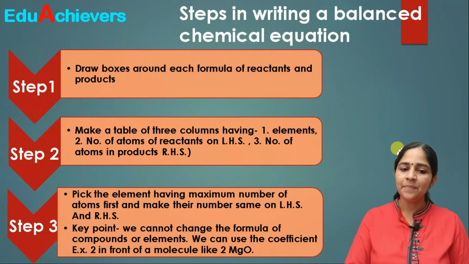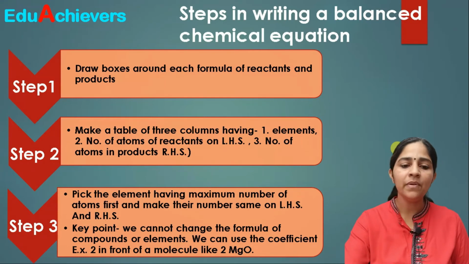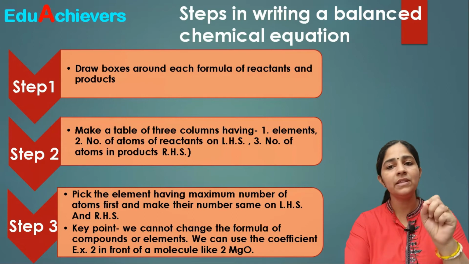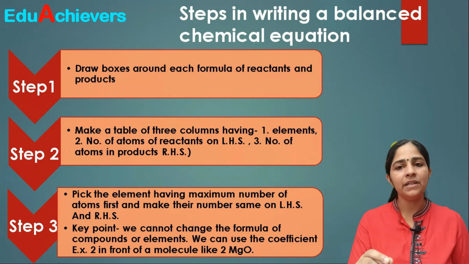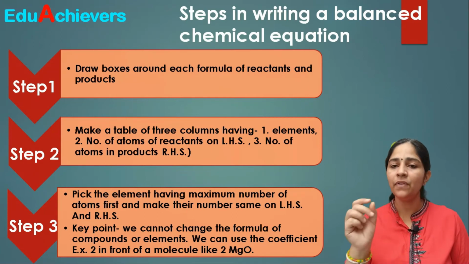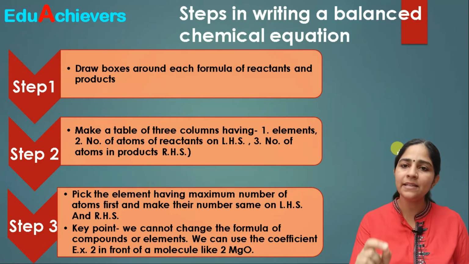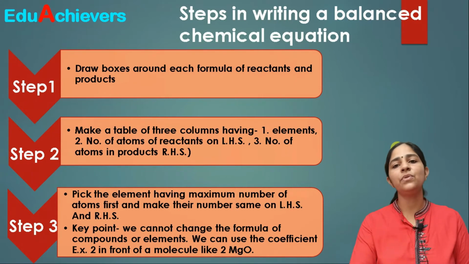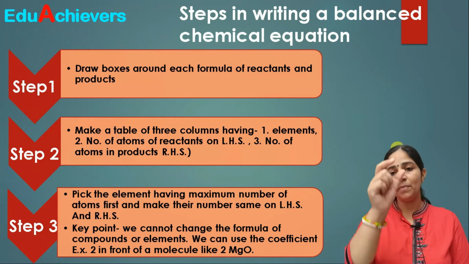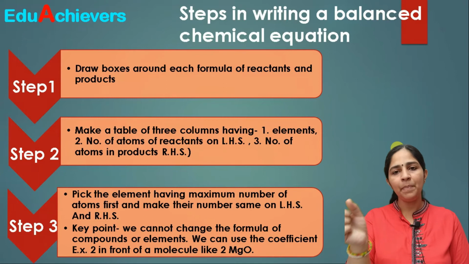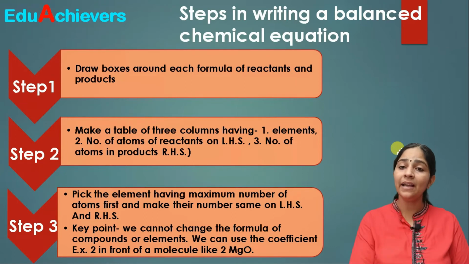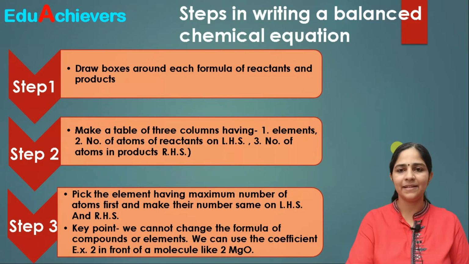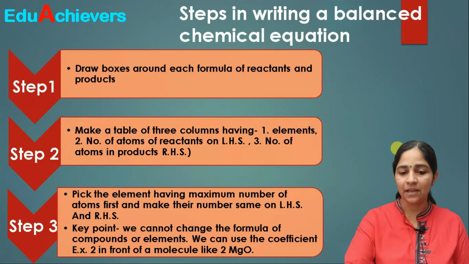I'll show you by example also. And next, whenever we are balancing a chemical equation, we take the element which has the highest number of atoms first, either on the product side or the reactant side. Fine, so we have to take care of that.